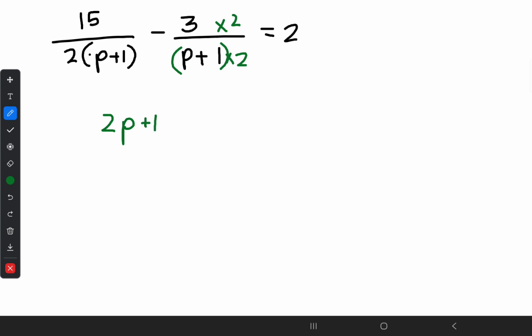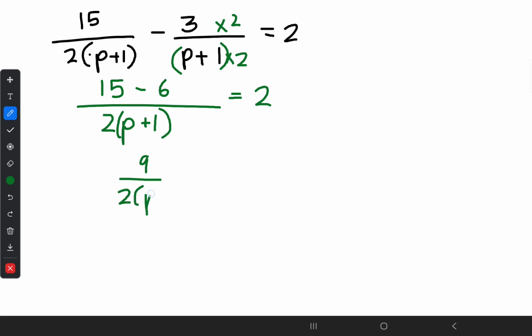Mostly I see this mistake: students will mistakenly write 2 2p plus 1. This is incorrect. You have to keep it inside the bracket, 2 into p plus 1. And 15 minus 3 times 2, that is 6, equals 2. So 15 minus 6 is 9 upon 2 into p plus 1 equals 2.